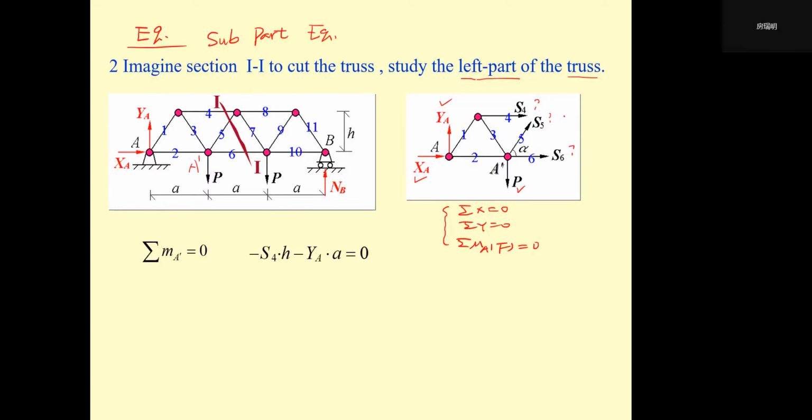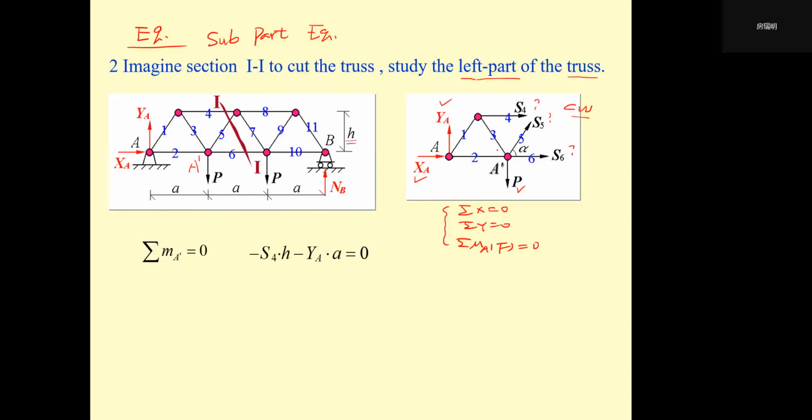We have minus S4 times H, and H is known. And XA, although it's zero here, even if it's not zero, because its line of application passes through point A prime, it has zero moment about A prime.